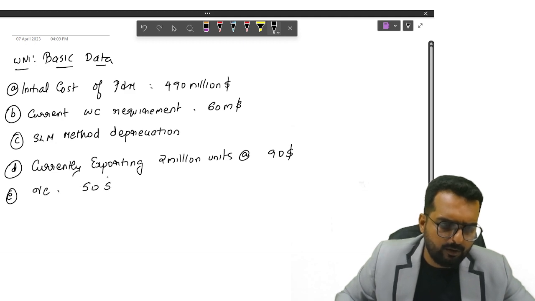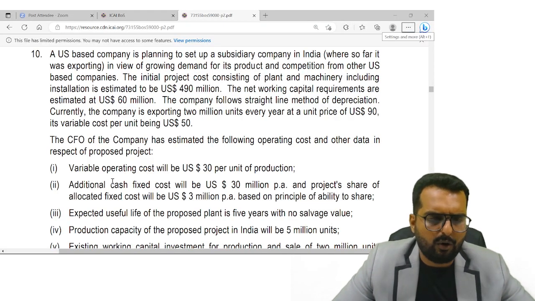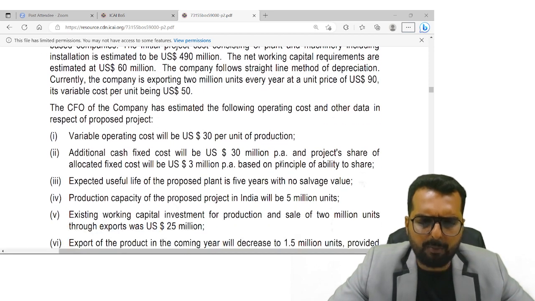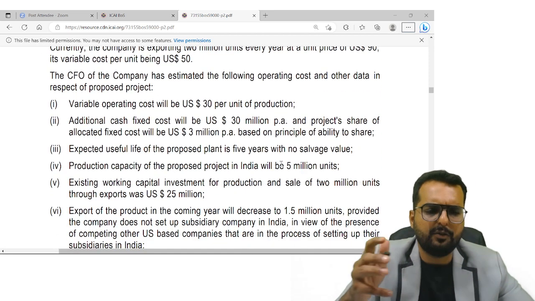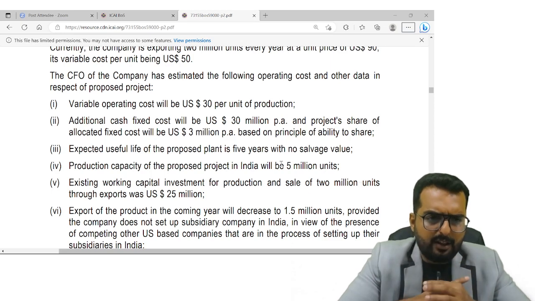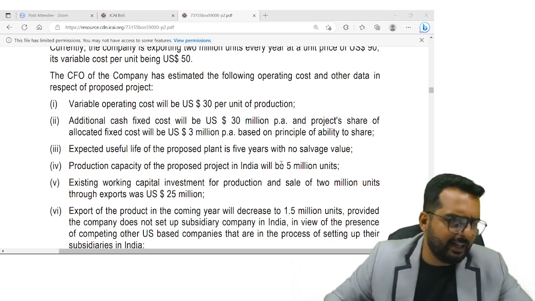The variable cost currently turns out to be $50. The CFO of the company has estimated the following operating costs and other data in respect of the proposed project, and they are giving some details.